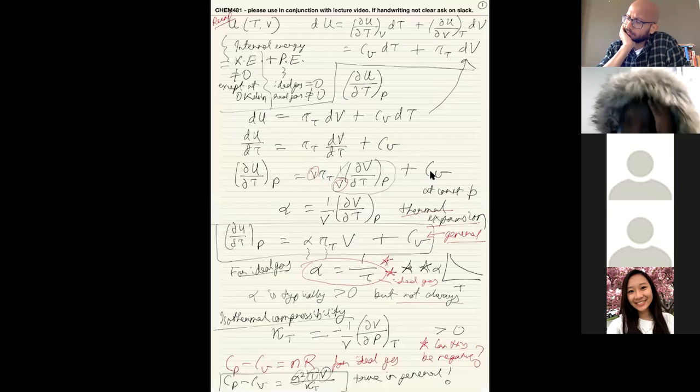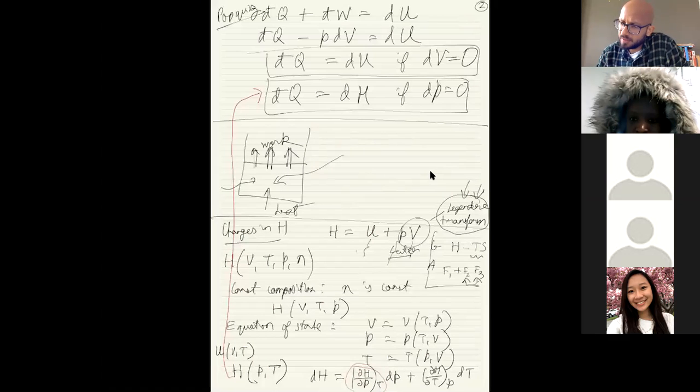So next class, again, we did a bit of recap. We introduced isothermal compressibility. And I re-emphasized many times that dq is equal to dU at constant V, and dH at constant P. Then we talked a little bit about change in internal energy, where we said that we should look at internal energy as a function of temperature and volume.